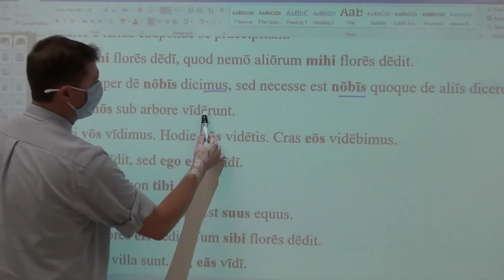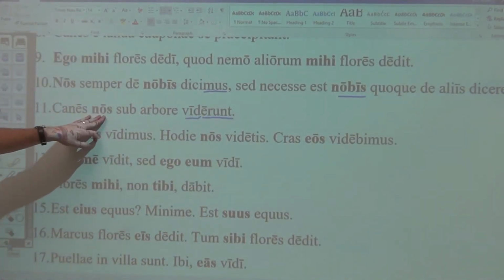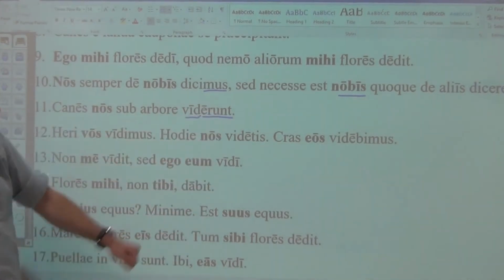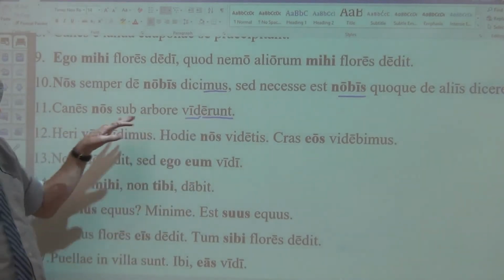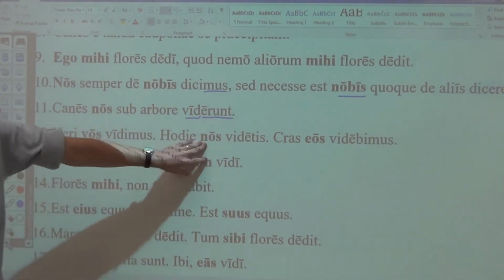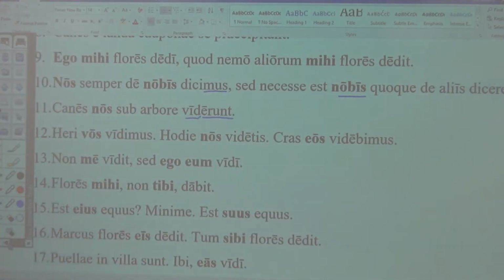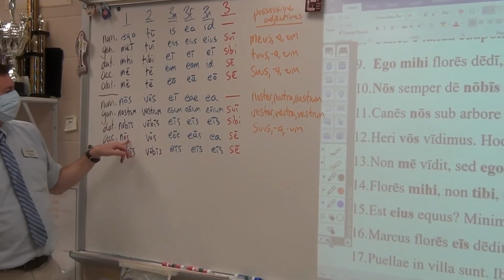Notice again, either we or us. Our verb ending, however, indicates not a we, so it is going to be the accusative us. Not the same as the subject, they, which are the dogs. The dogs saw us under the tree. Us. Vos, nos, eos. You can see them over here in the chart. Vos, nos, eos.